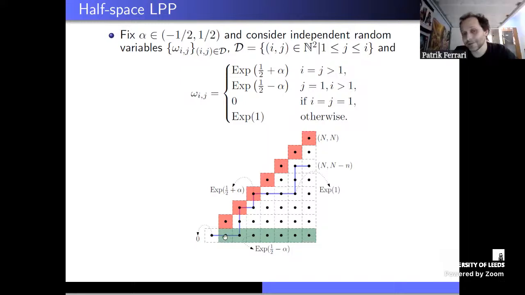Yes, so this is essentially Burke's property. The fact that you put this waiting time to be exponential 1/2 minus alpha. You can think that initially, in the stationary TASEP, you have Bernoulli occupation variables with a given density. By Burke's property, this would mean that if you start from the first particle in the system, then you can remove all particles to the right by changing the rate of this single particle.